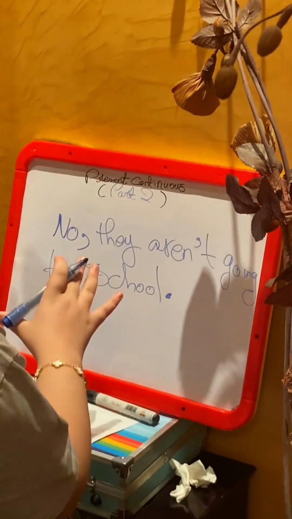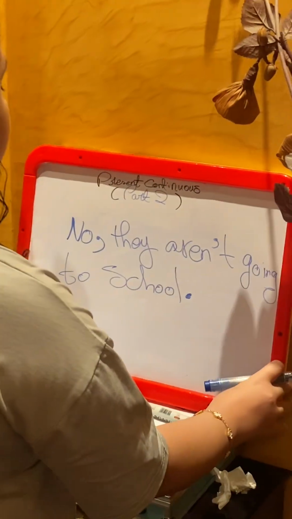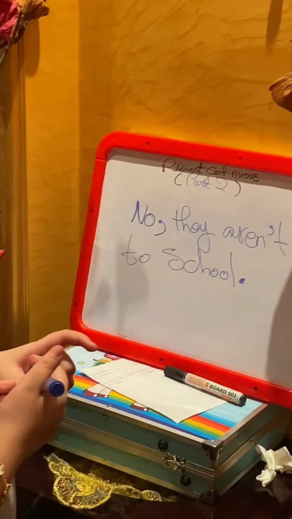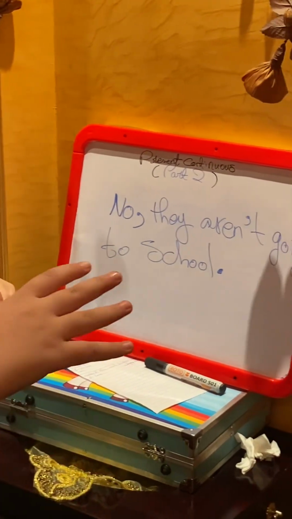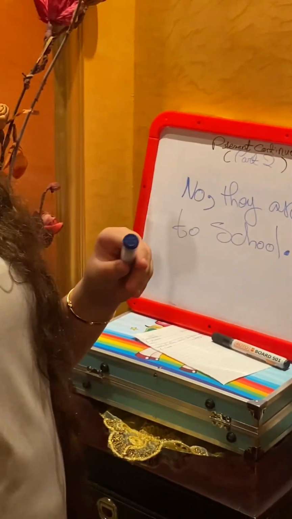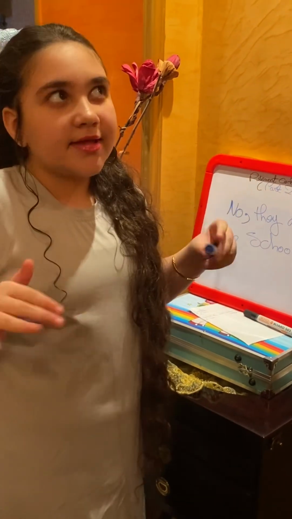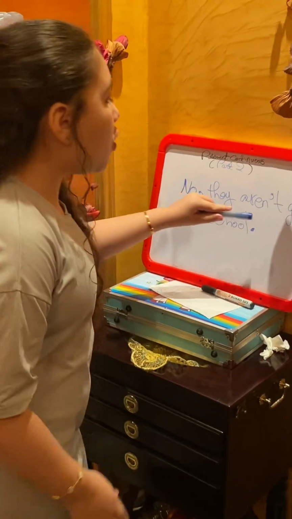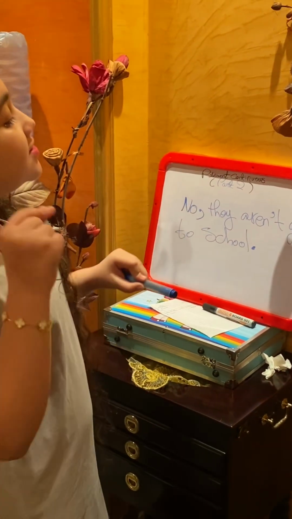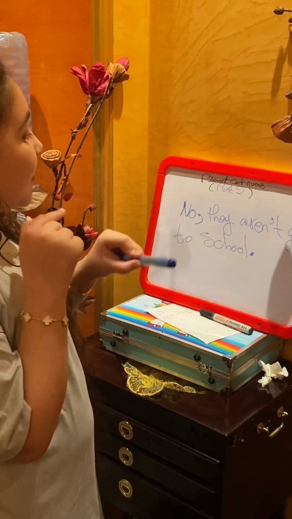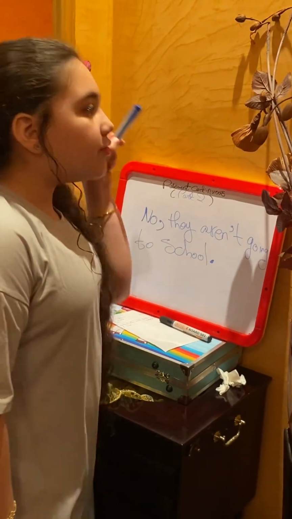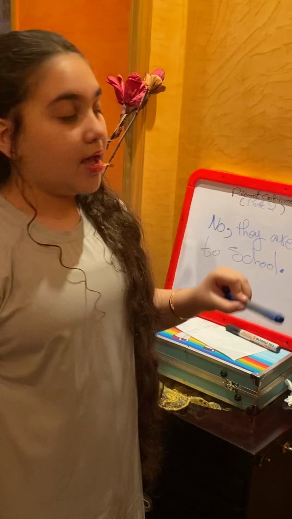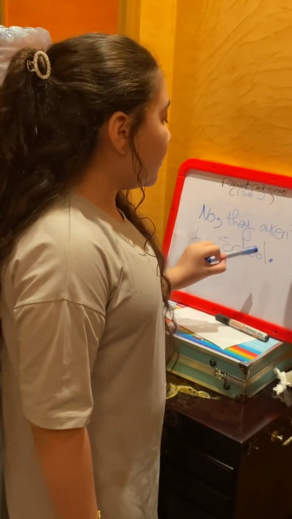No, they aren't going to school. Here I have an answer, but I don't know the question. I have only the answer because the title this time said that now you have to form a question, and he only gives you the answer.